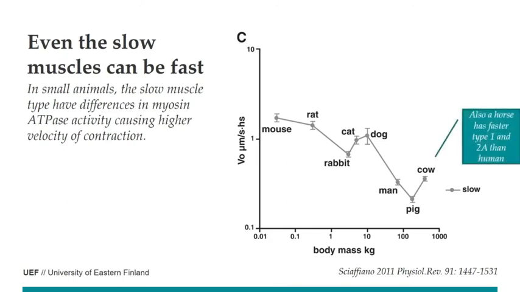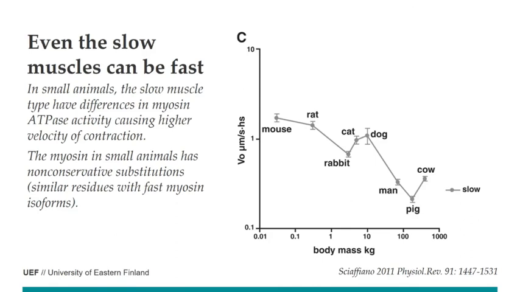But it's not only related to the size of the animal. We have athletic animals like the horse. It actually has faster type 1 cells, or type 2A, than in humans, although the horse is much larger than a human. So it's not only a linear correlation.